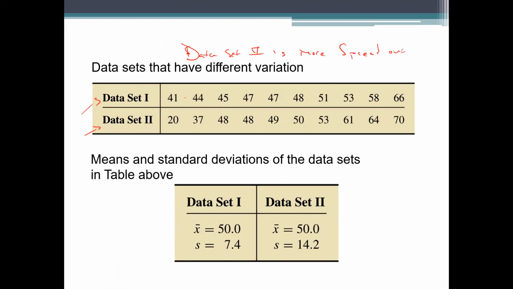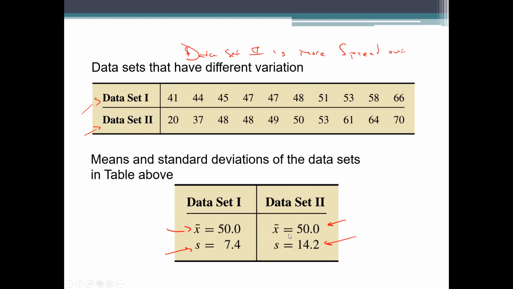These values are kind of clumped together, whereas this one goes all the way from 20 to 70. If you calculate the mean of both data sets, the mean would be the same, but their standard deviations differ, and this is another good way to practice your calculator. You can plug these two data sets in and see that data set 2's standard deviation is almost twice as high, okay?